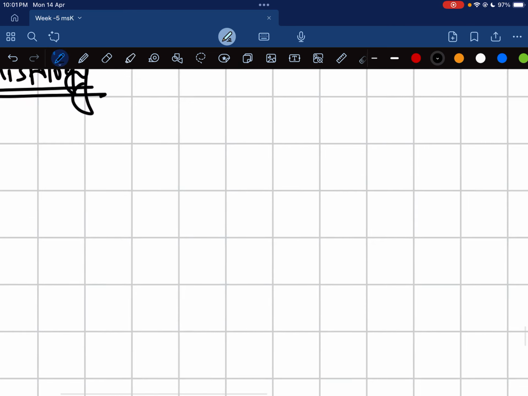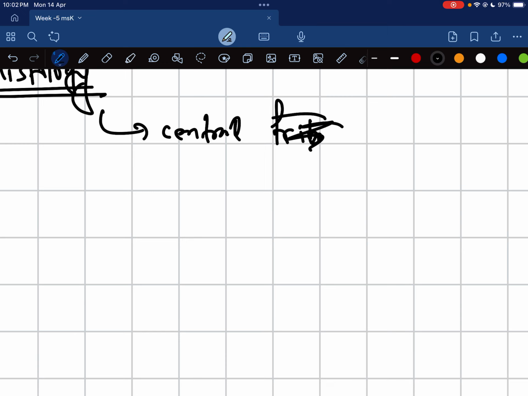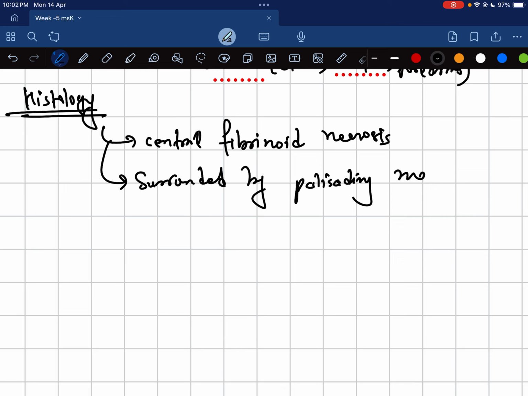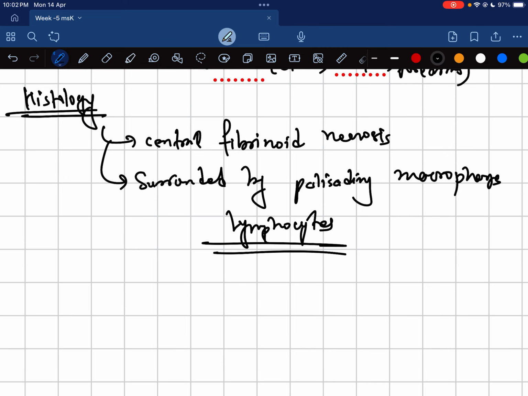When looking at the histology of rheumatoid nodules, there is central fibrinoid necrosis, surrounded by palisading macrophages and lymphocytes.